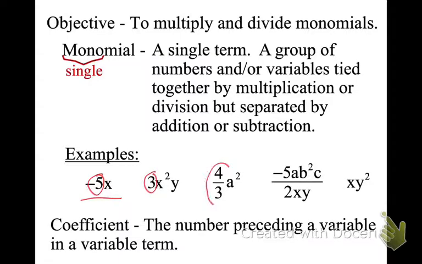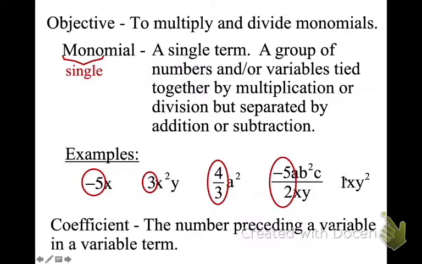The third term, the coefficient is 4/3. The fourth term, look at this, the coefficient is negative 5/2. And believe it or not, this last term has a coefficient, and that is 1. So the coefficient is the number that comes before the term, precedes the term.